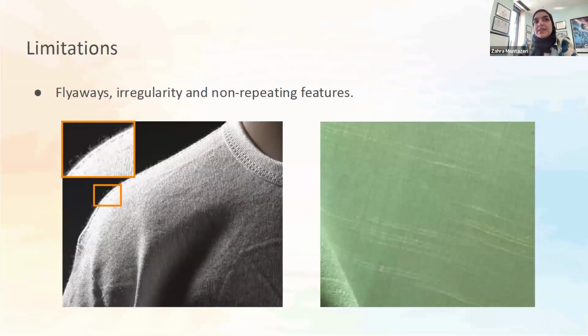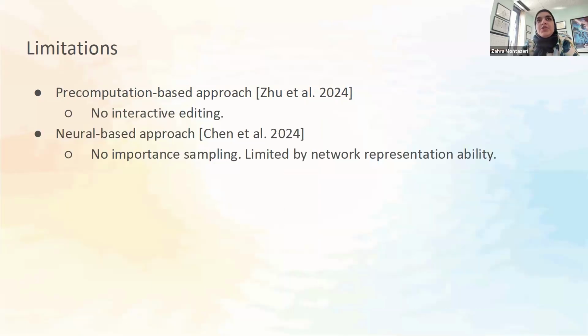But the limitation is that we cannot do flyaways for this particular model, and this fuzziness that we see on the edge, or also some repeating features appear because we don't have enough irregularities. So that's essentially the limitation, which is shared with a lot of works in this direction.